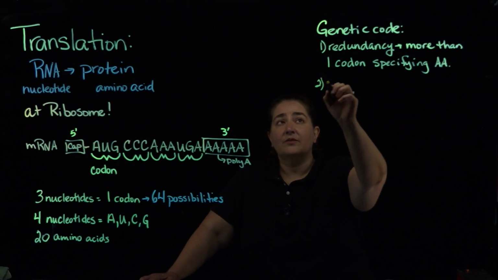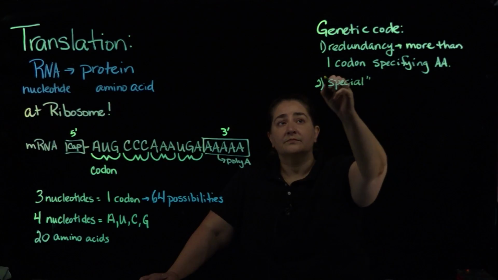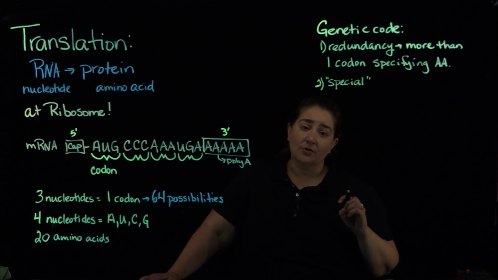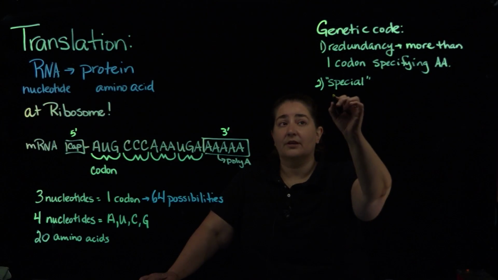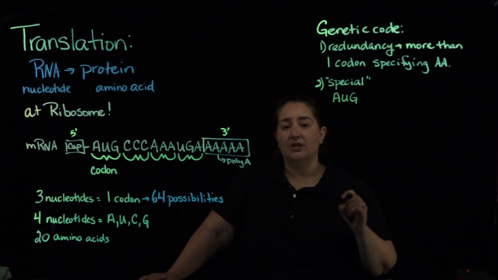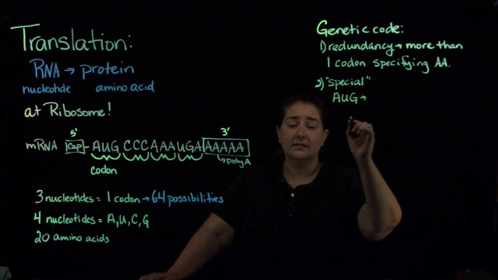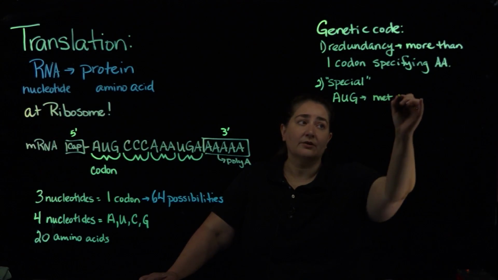Okay? We've got some special codons within the genetic code, and those special codons are going to be the ones that start and stop the process of translation. Okay? So one of our special codons is the AUG. AUG will insert an amino acid. It will insert a methionine. Okay?